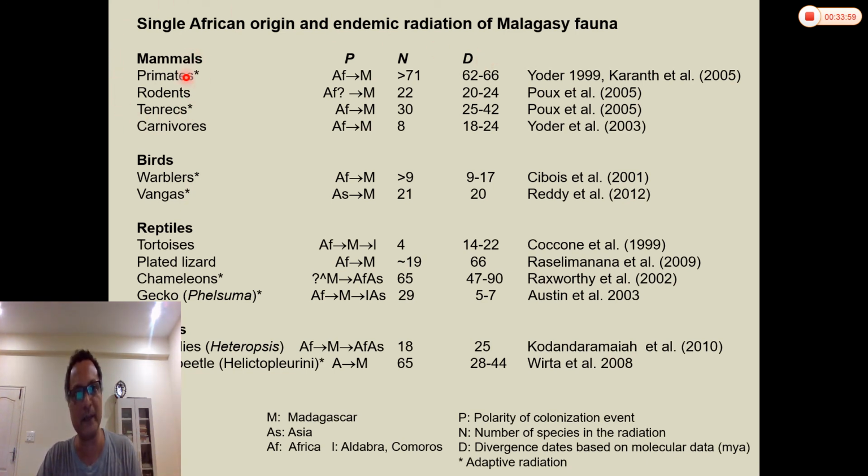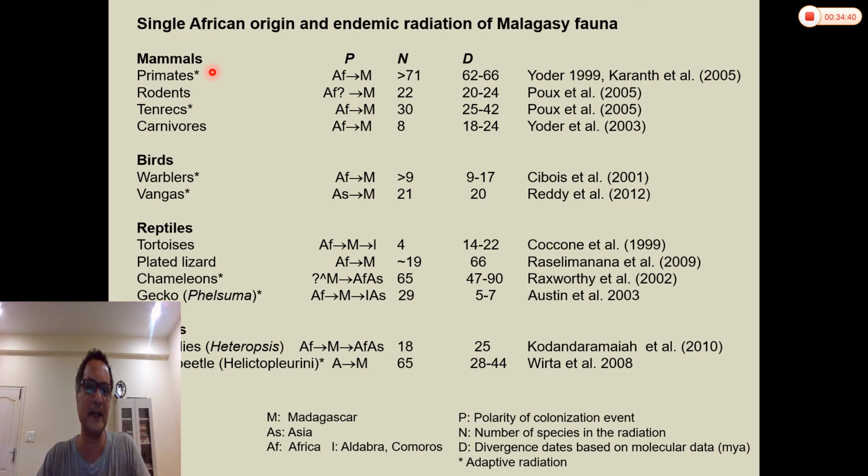So you see this in mammals, in birds, in reptiles, in insects, and these stars here refer to adaptive radiation. Remember, in case of adaptive radiation, what you see is species adapting to very, very different ecological conditions and multiple morphotypes co-occurring. And often these species exhibit morphological differences that are quite extreme, right?